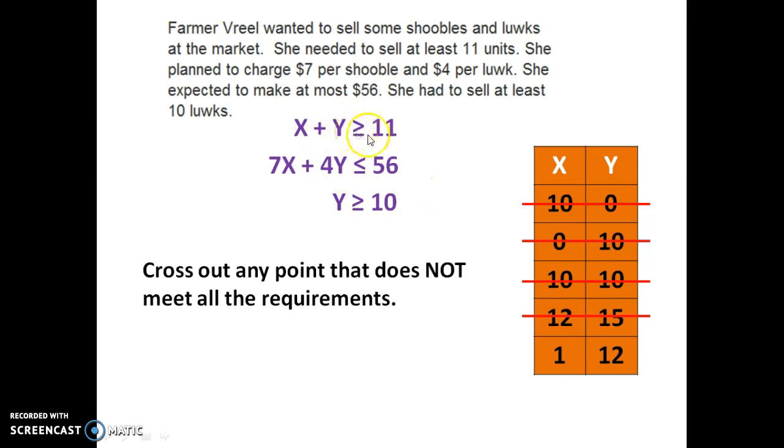So 1 plus 12 is 13, which is greater than or equal to 11. 7 times 1 is 7. 4 times 12 is 48. And 7 plus 48 is 55, which is less than or equal to 56. So we're still good here. And our y value is 12. 12 is greater than or equal to 10. So this one does work. 1, 12 does meet all 3 requirements.